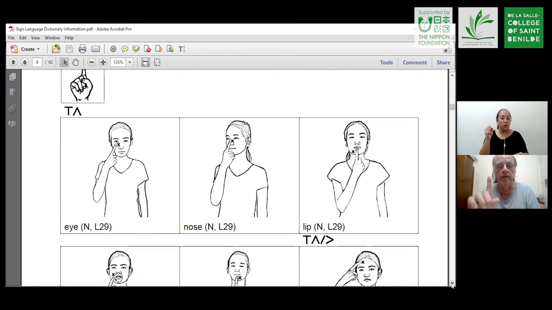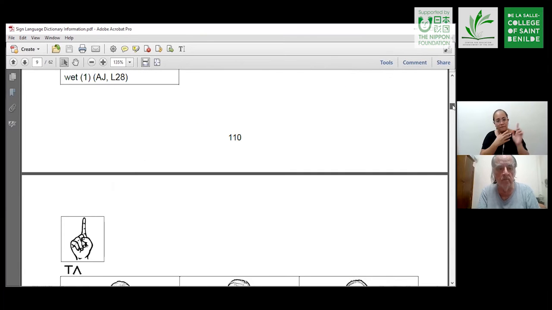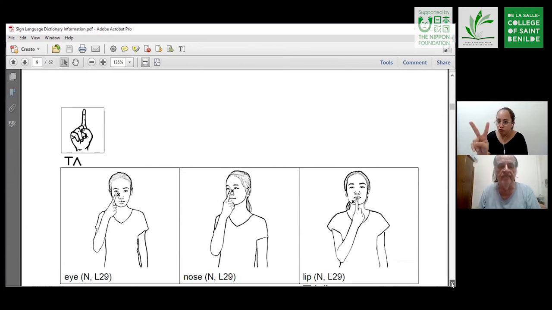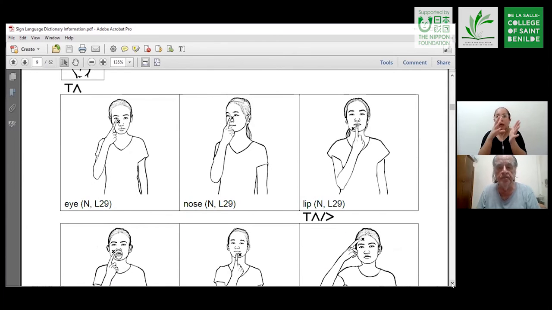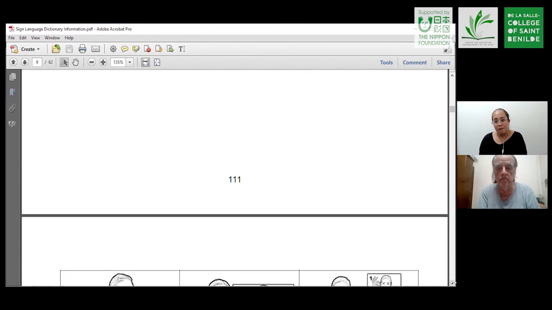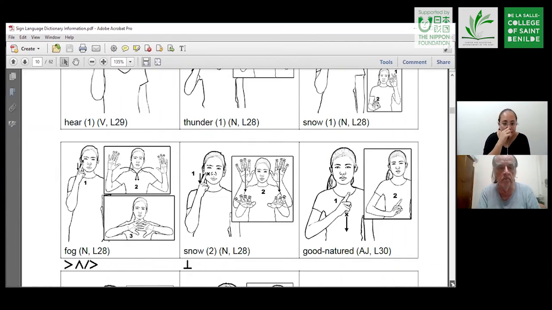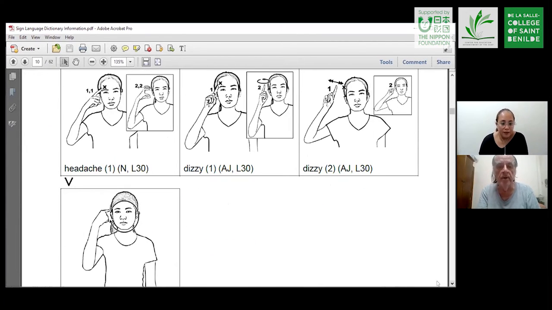And when we look at the one finger hand shapes, sometimes we need two, palm orientation and finger orientation, and sometimes only the palm orientation.